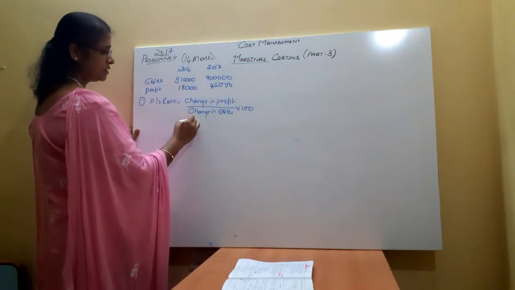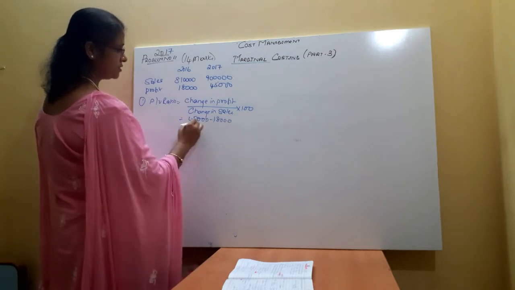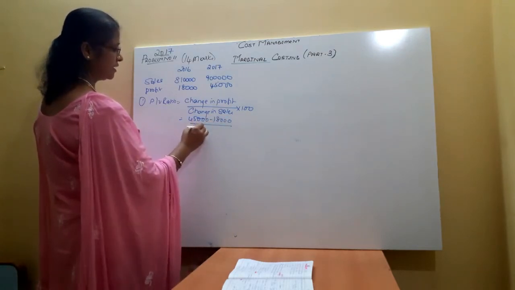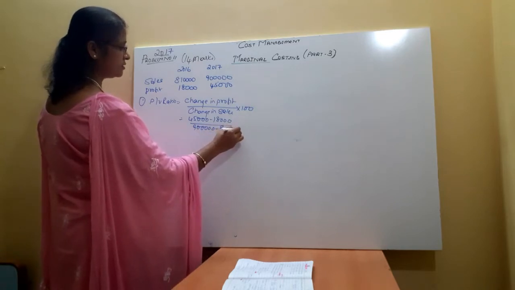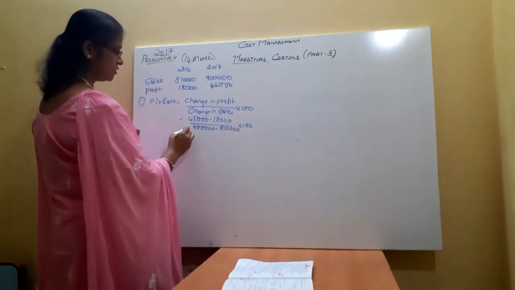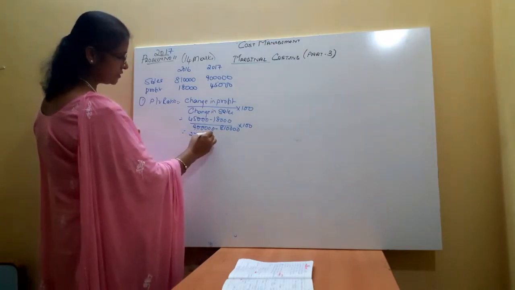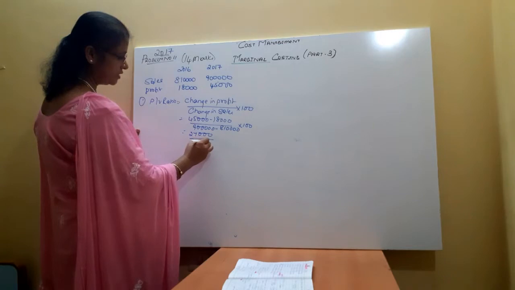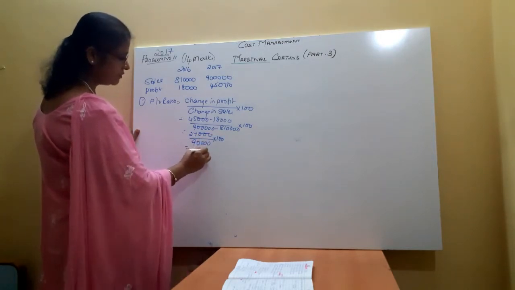You get 45,000 minus 18,000 divided by 9 lakhs minus 8,10,000 into 100. So here 45,000 minus 18,000, you get 27,000 divided by 90,000 into 100. So your PV is 30%.